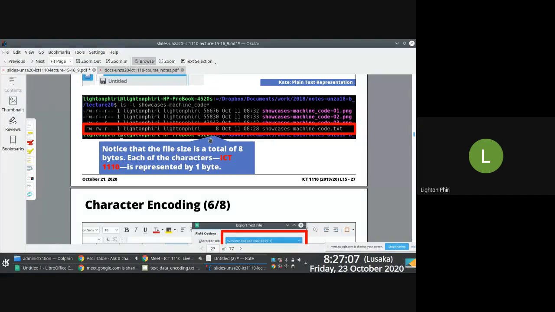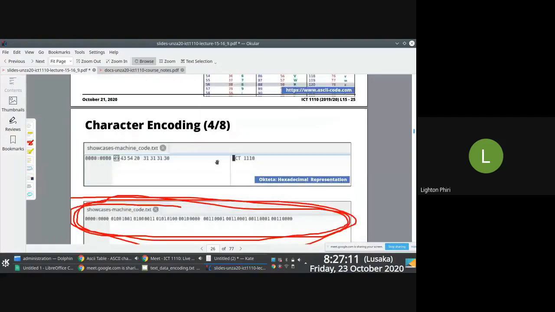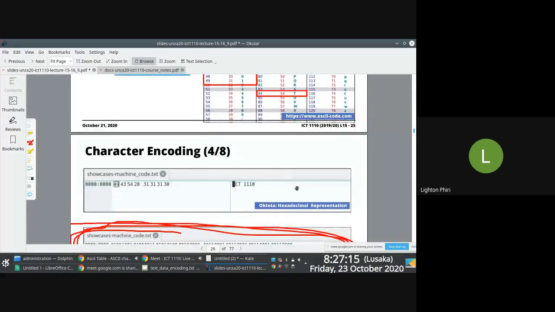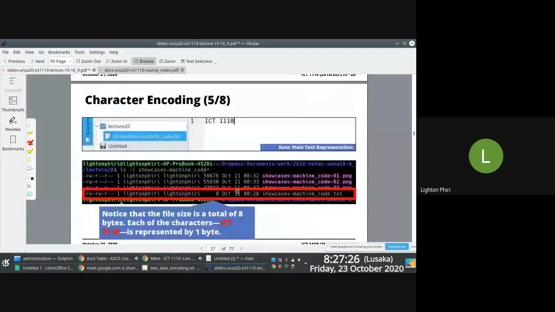So it's represented by 8 bits, which is a byte. If each character is a byte in size, how many characters do we have in ICT space 1110? It's 9, I don't know if it's 8 or 9 here, but it's 8, I guess. So we expect it to occupy 8 bytes on disk, right? And this is what we're showcasing here.